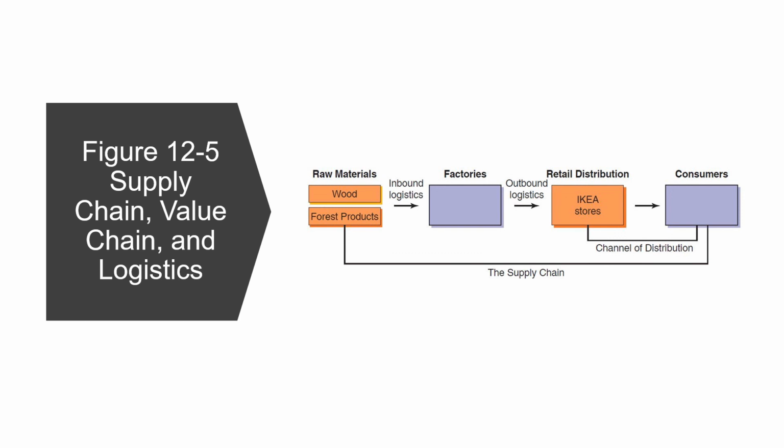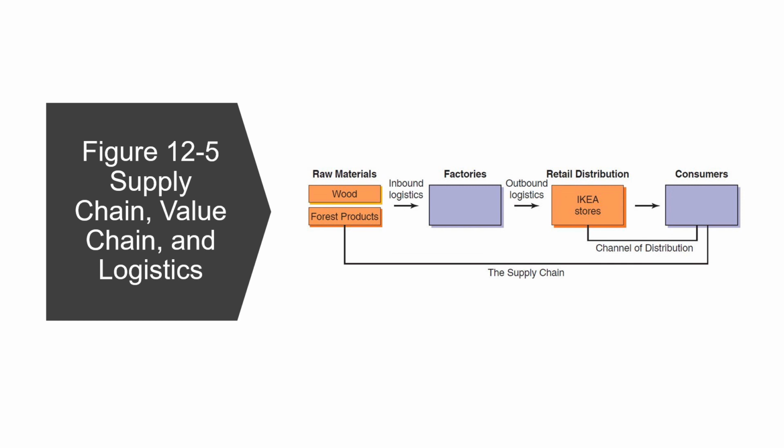IKEA's factories add value to the inputs by transforming them into furniture kits, which are then shipped to IKEA stores. These stores are downstream in IKEA's value chain. The activity associated with shipping furniture kits from the factory to the store is known as outbound logistics.